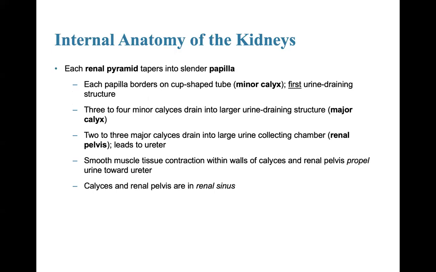Each renal pyramid tapers into a slender papilla. Each papilla borders on a cup-shaped tube called the minor calyx. This is the first urine draining structure. You will then have 3 to 4 minor calyxes drain into a larger urine draining structure referred to as the major calyx. 2 to 3 major calyces will drain into a large urine collecting chamber referred to as the renal pelvis, and then this will lead to the ureter.